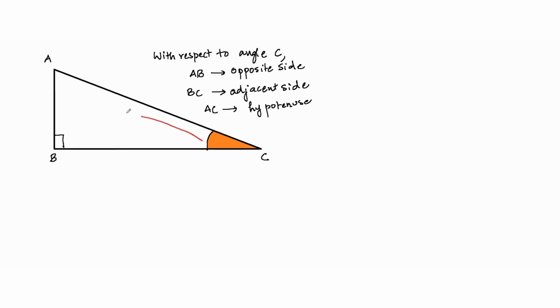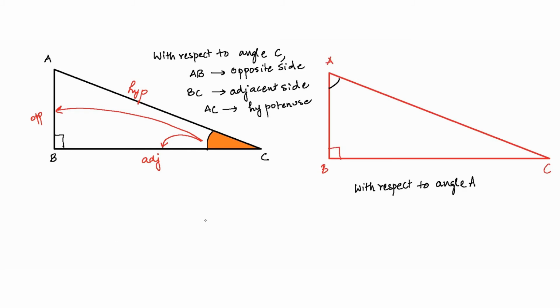Let me quickly draw arrows to illustrate this. With respect to angle C, AB is the opposite side. BC is the adjacent side. And AC is the hypotenuse. Let us now study the same things with respect to angle A. So with respect to angle A, I have drawn a different triangle here. With respect to angle A, the opposite side, so let's draw the arrows.